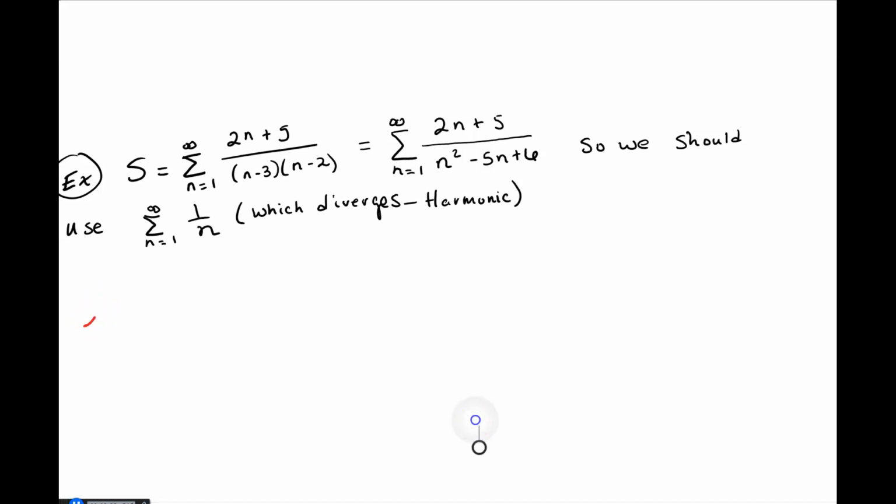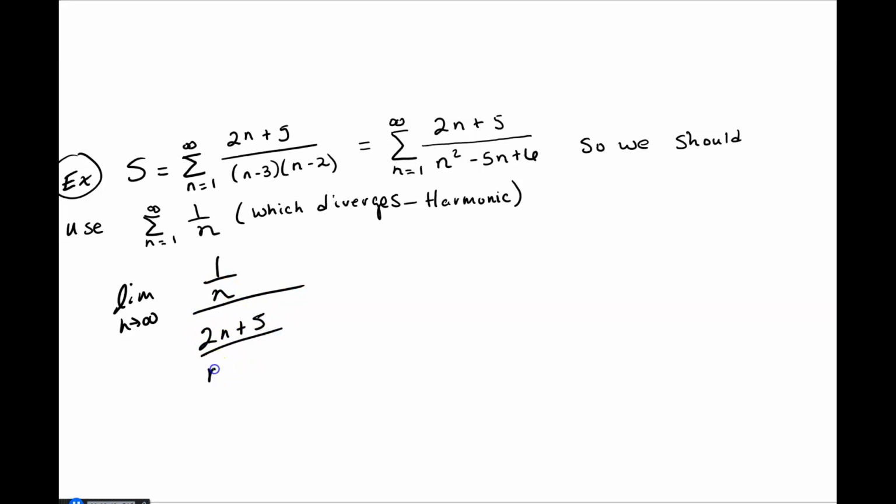We look at, in this case, the limit, and let me switch my pen color here. The limit as n goes to infinity of 1 over n divided by 2n plus 5 over, and I'm just going to write it with its binomial expansion. It's a little bit easier to look at. n squared minus 5n plus 6, okay? We keep, we flip, we change. What does this look like?